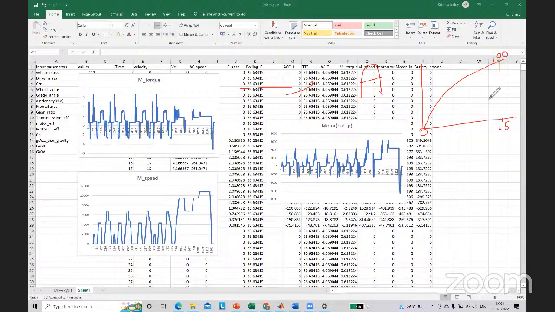I'm just taking a random example. This will be continuously driven to the top speed, so we make use of these curves to estimate the peak torques.